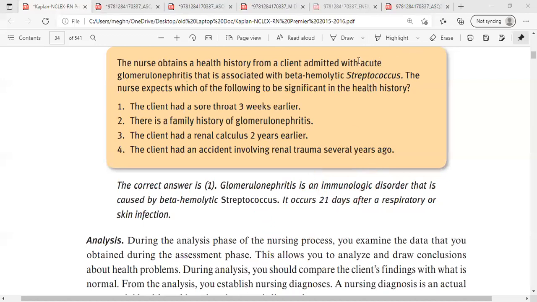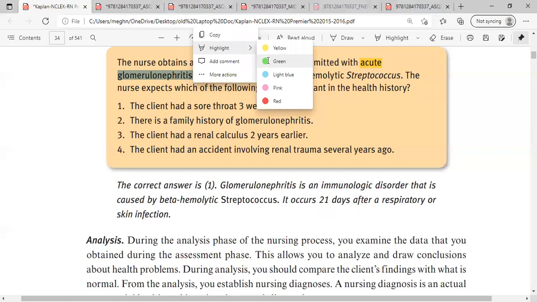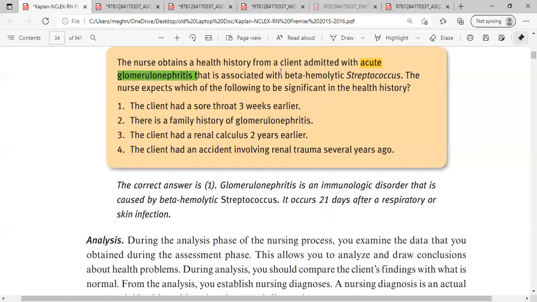So our patient has an acute condition, suddenly attacked by glomerulonephritis. Glomerulonephritis is sometimes more common in children who are attacked by beta hemolytic streptococci. Basically, the patient gives a history of sore throat.